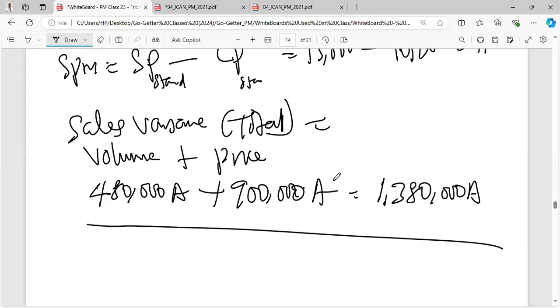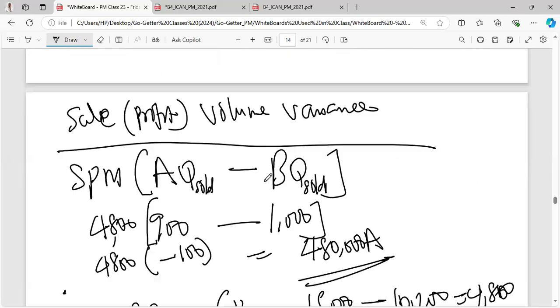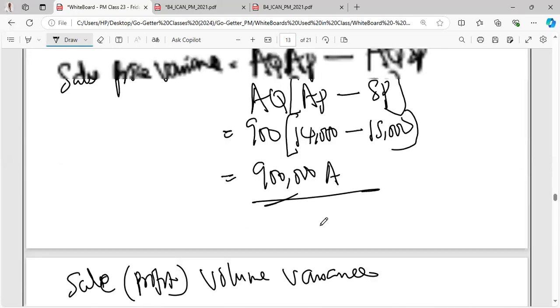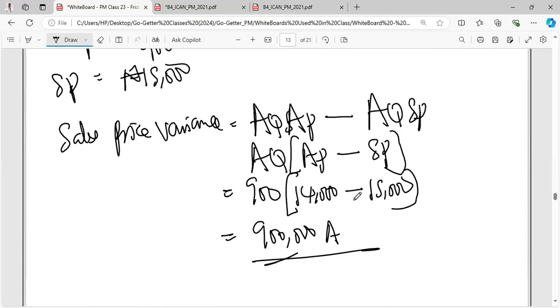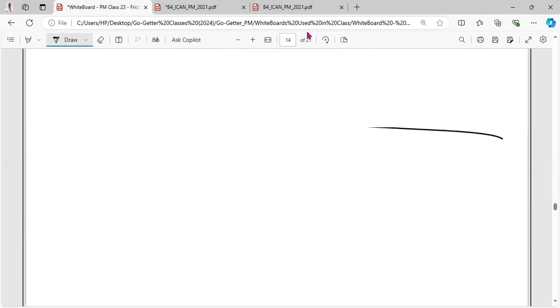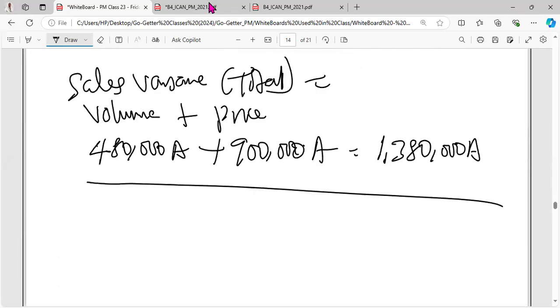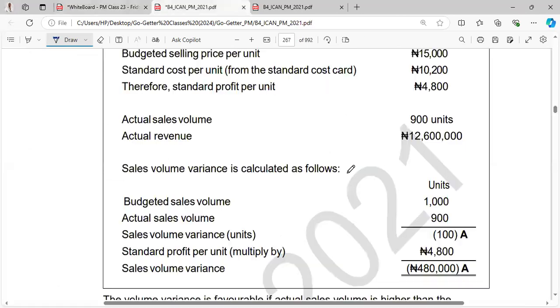So there is no one formula to get just the total sales variance. You must break them down like this to get the total sales variance, unlike the other ones where you had to do them separately.